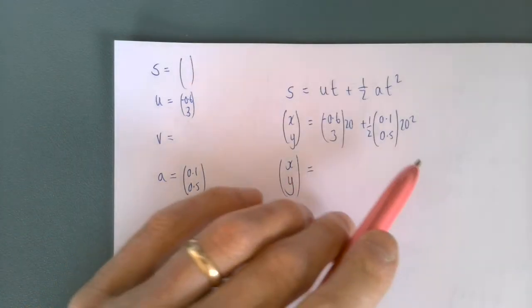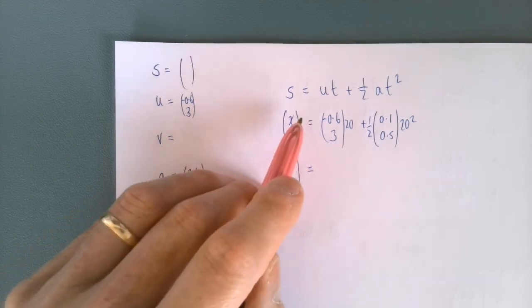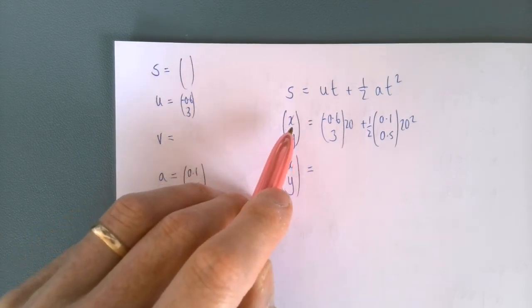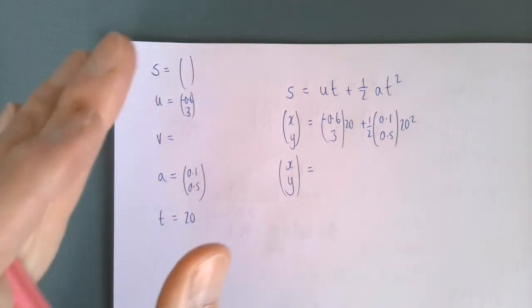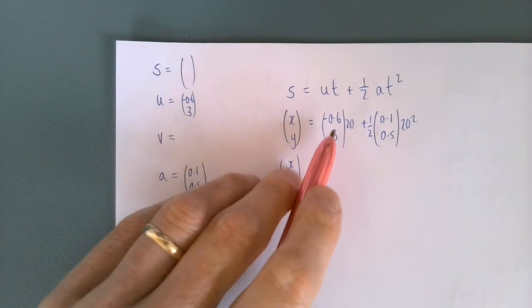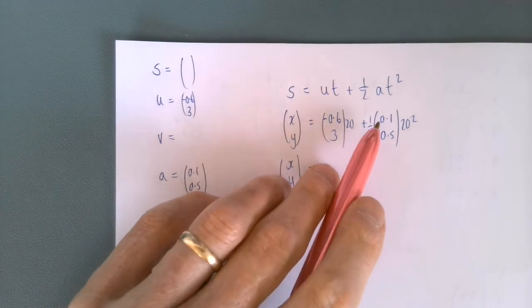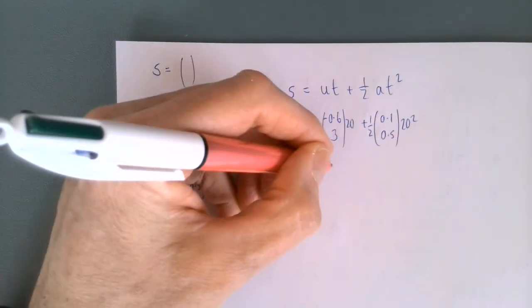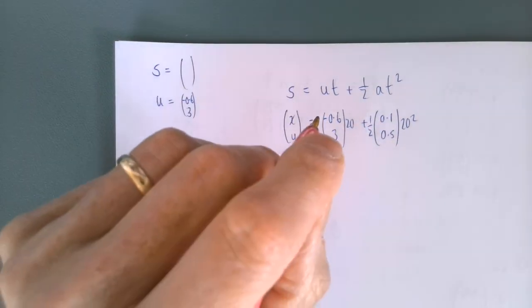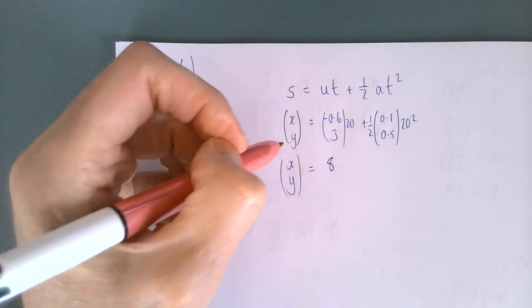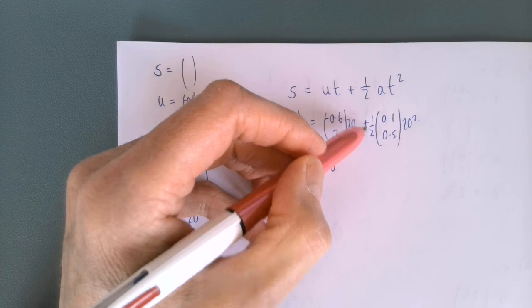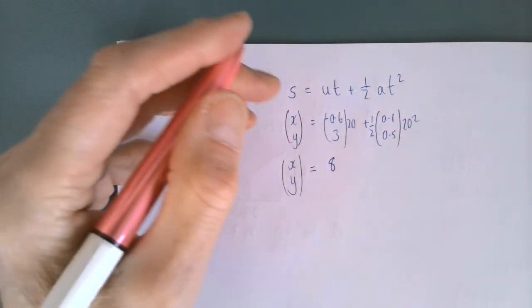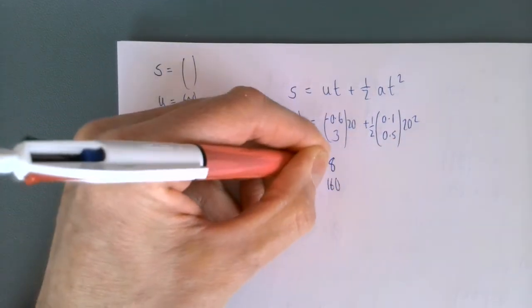So you can just work it out separately. So in the easterly direction, I keep saying horizontal vertical, it's not, it's east and north, isn't it? But you get 0.6 times 20 plus a half times 0.1 times 20 squared. I got that to be 8. And you had in the y direction 60 plus a half times 20 squared, which I got to be 160.